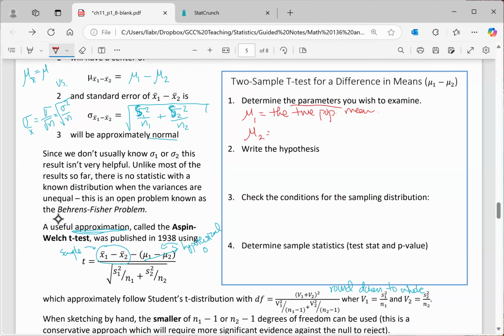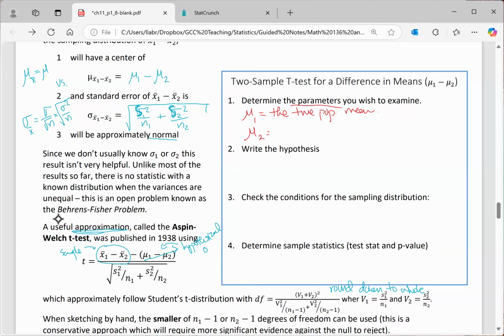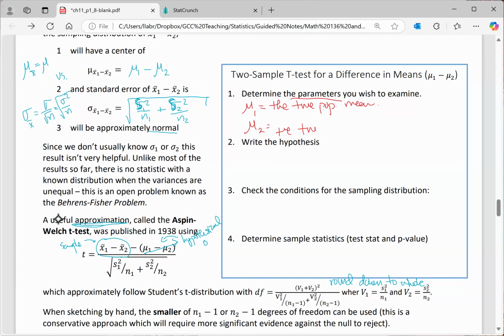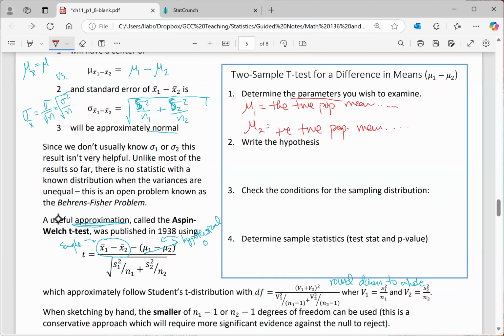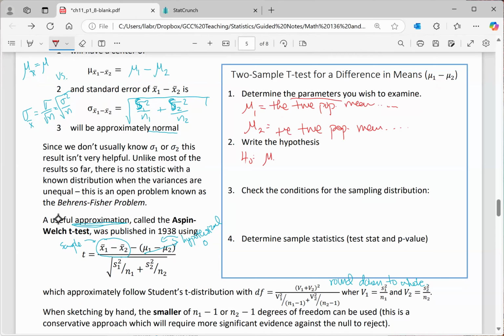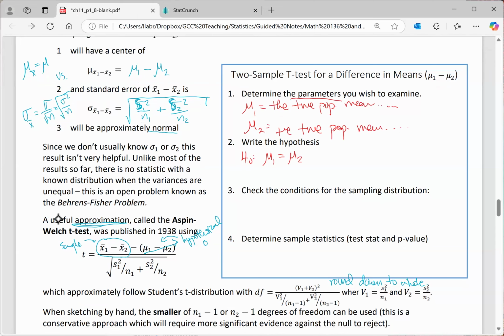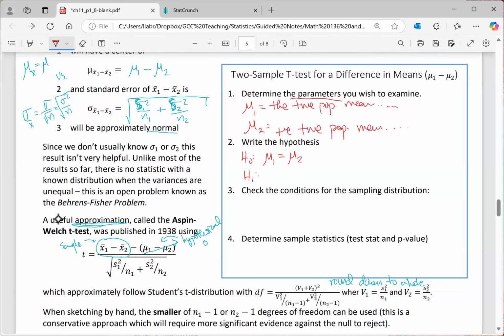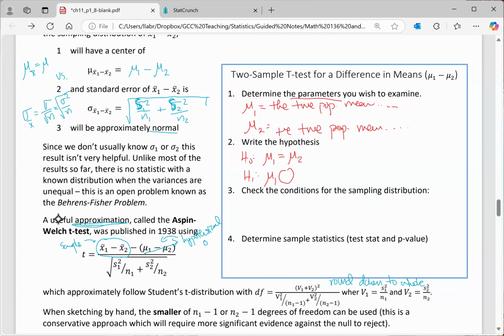So you need to know what the population is as well, the mean with some trait or characteristic that you're interested in, that you're going to go ahead and measure. The hypothesis will always be that mu1 is the same as mu2, and the alternative, well, that is up to you. Depends on what it is that you're trying to show.